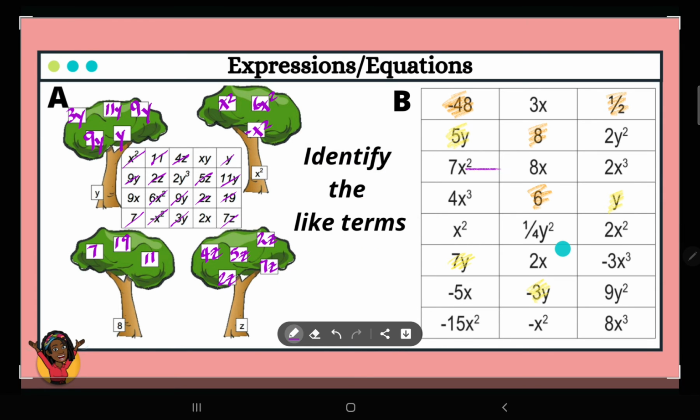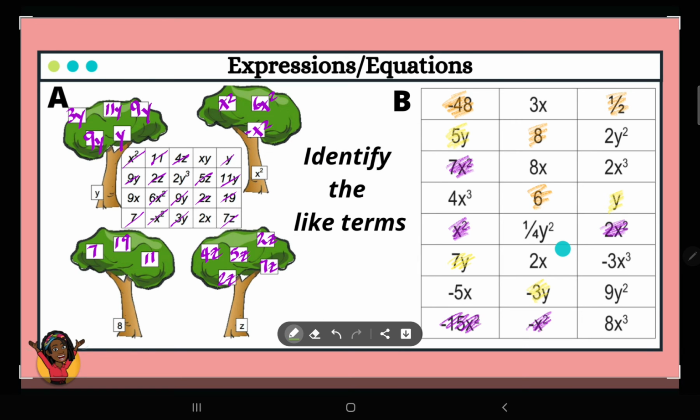Let's go ahead and take a look at my x squared. So I have 7x squared, I have 2x squared, I have negative 15x squared, I have negative x squared, I have a positive x squared here, and I think that's it for my x squared.